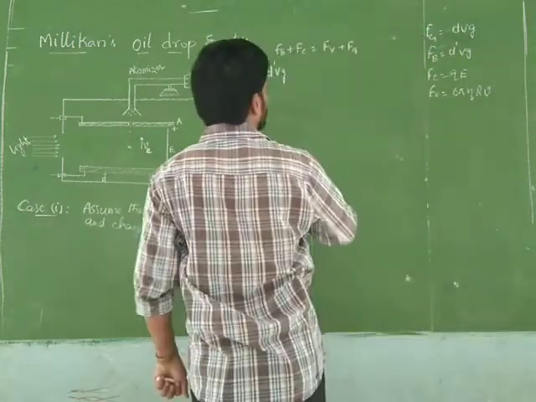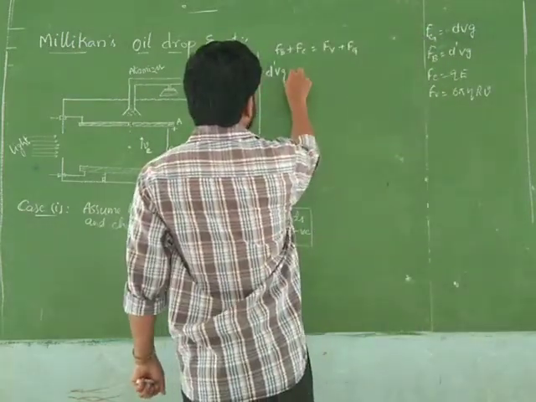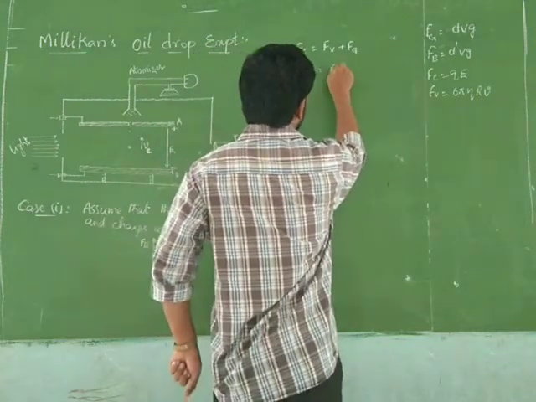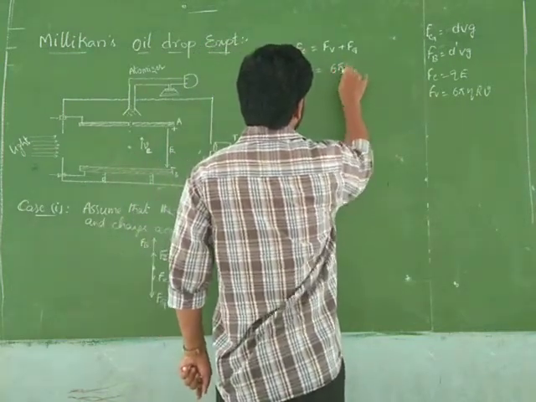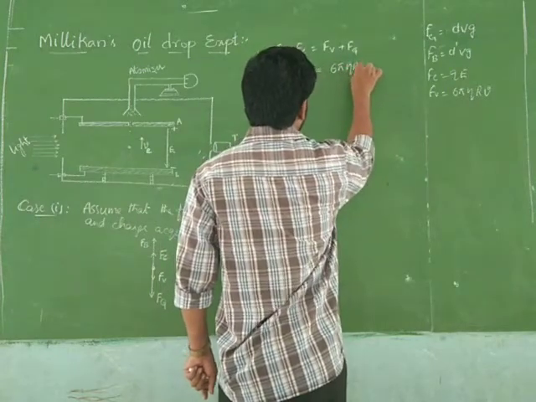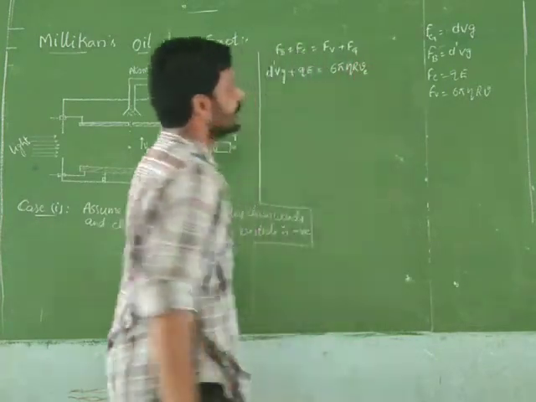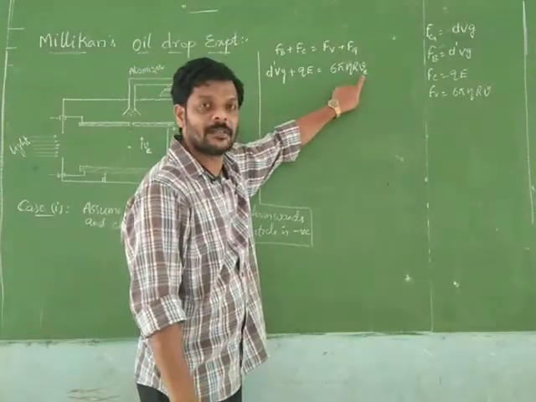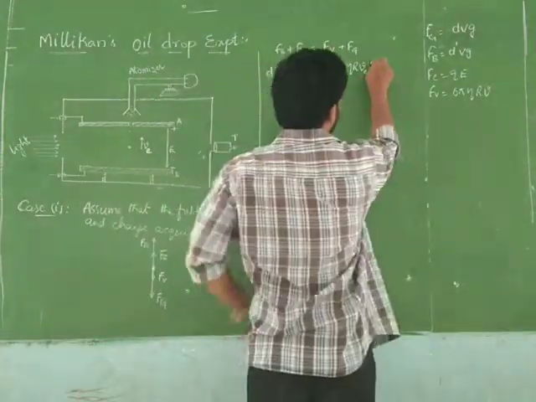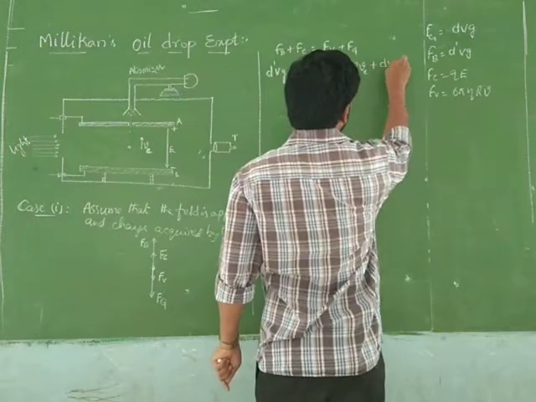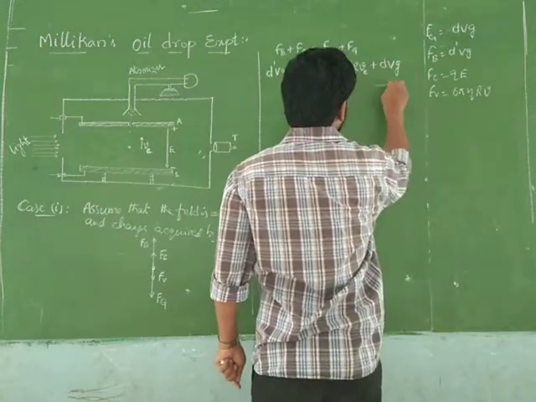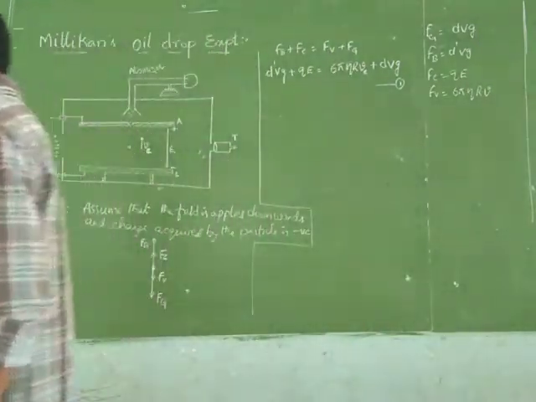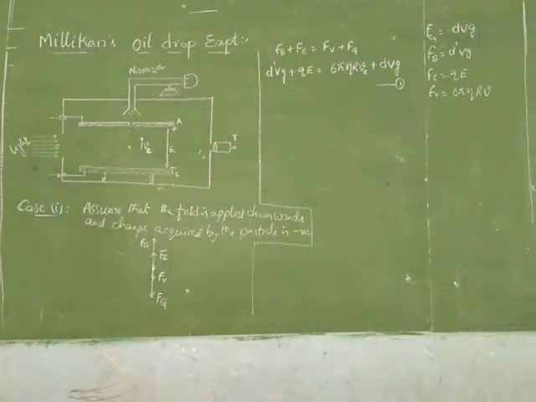Careful, volume. Plus QE is equal to the viscous force, 6 pi eta r VE. Here VE is the terminal velocity due to the electric field, plus dVg. Let this be equation 1.